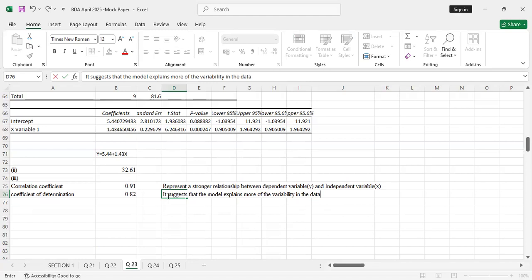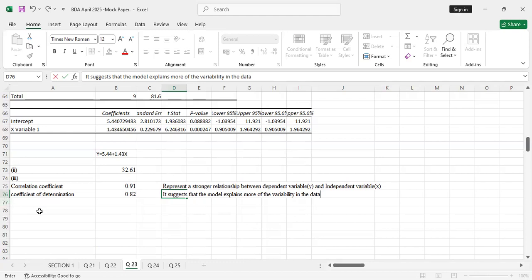If it was 0.6 and below, in the same way it will say that it suggests that the model does not explain more of the variability in the data. So if the value is closer to 0, the coefficient of determination indicates that there is less explanation of the variability in the data. So that's what you are supposed to do.